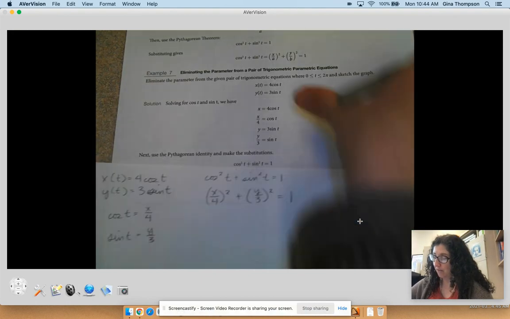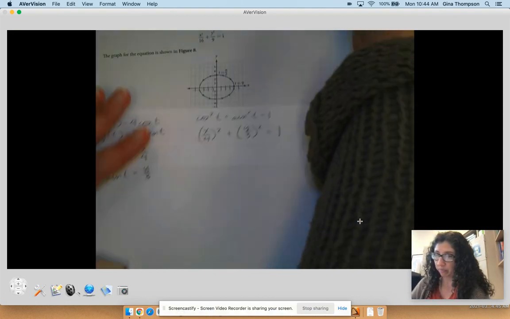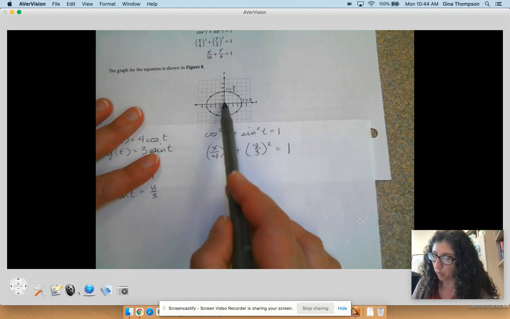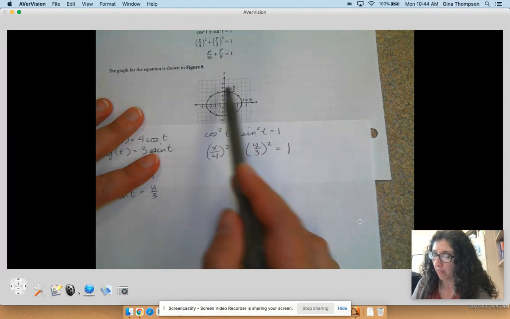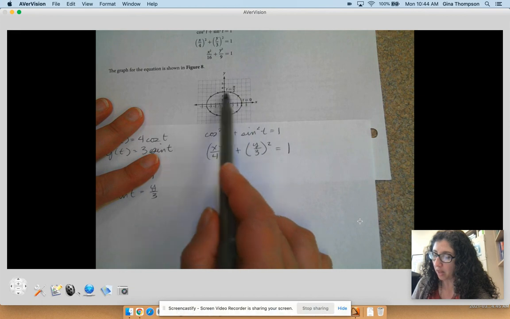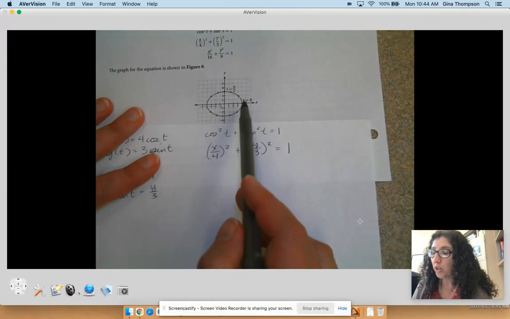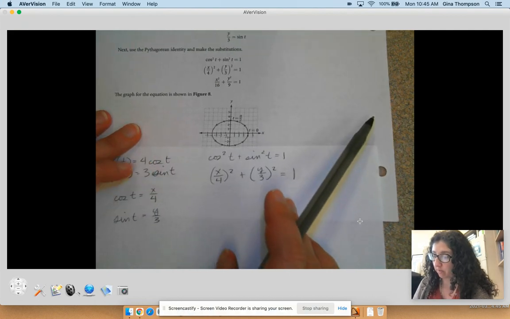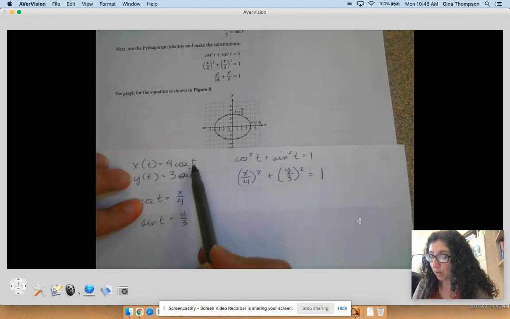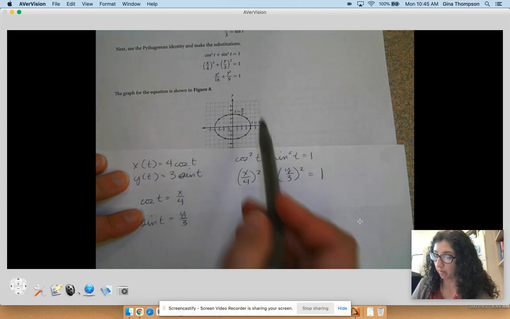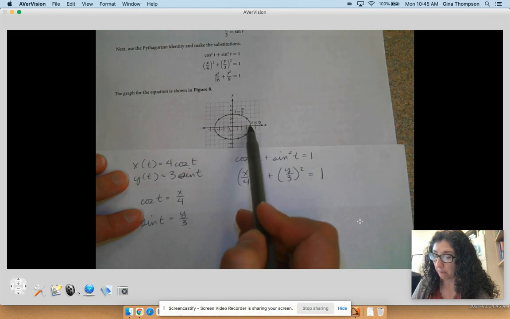So if we're going to graph this, here we are. It's this ellipse. It's 4 units in the x direction, 3 units in the y direction. And we're going this direction, which we could figure out from the original parameterization. If t is 0, cosine is 1 and sine is 0. So here we are at t equals 0.